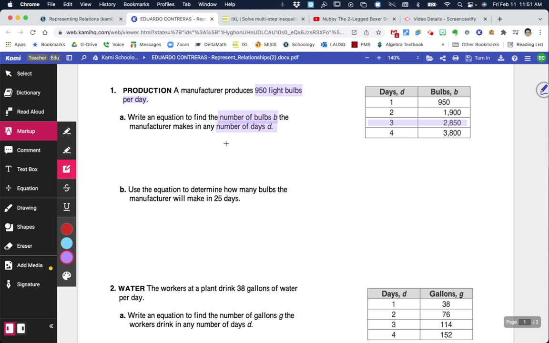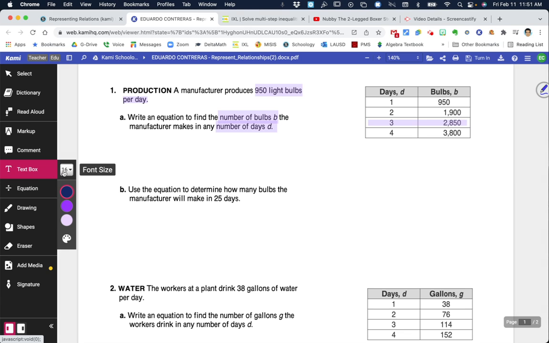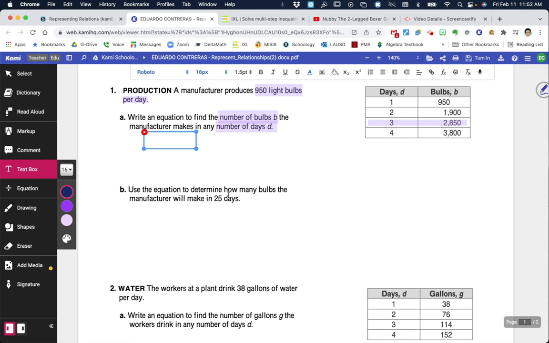So let's think about this. Go to your text box tool, and you want the font size to be about 16 or so. And we want the number of light bulbs. So the number of light bulbs is the variable B, right?